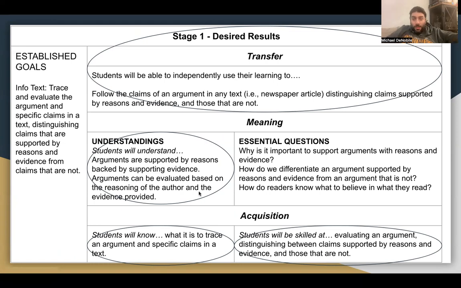While they're doing this unit of study or this entire course, if it's a curriculum map, what will they be able to understand in the midst? What meaning are they going to be studying in the midst of it? And then what are they going to be able to know, and what will they be able to do when all is said and done?